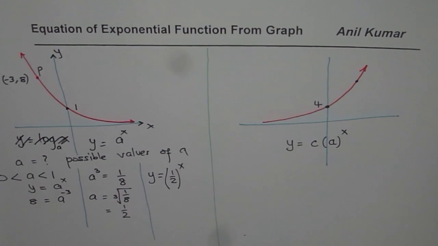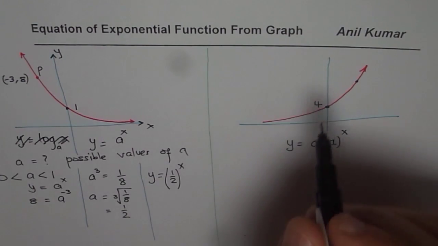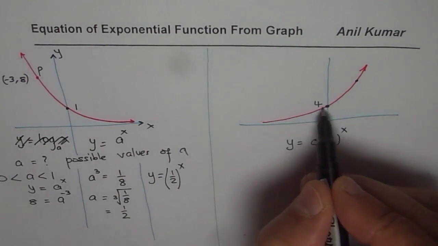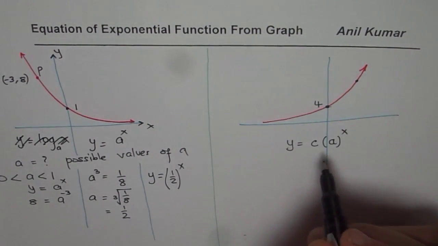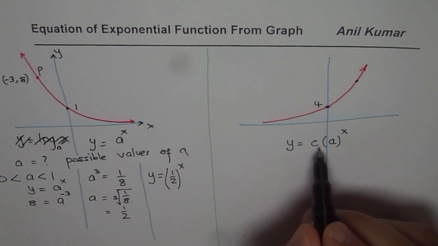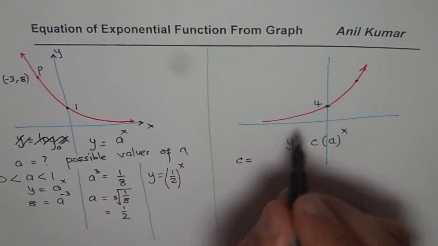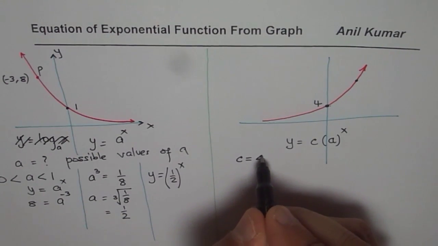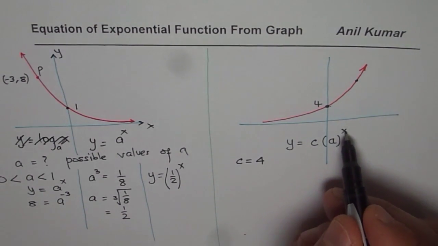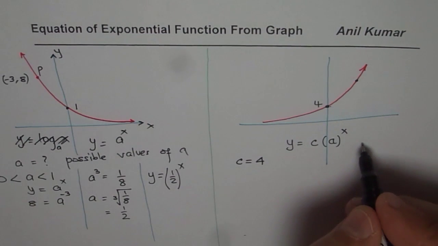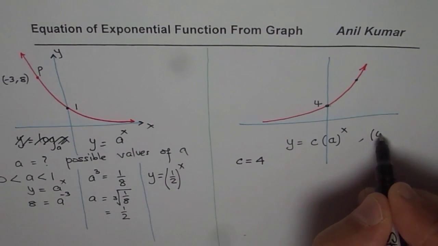So first, as we started in the previous case, if I have a y-intercept of 4, what are the possible values of a and c? In this case, c should be equal to 4, right? Since this point here is strictly speaking (0, 4).